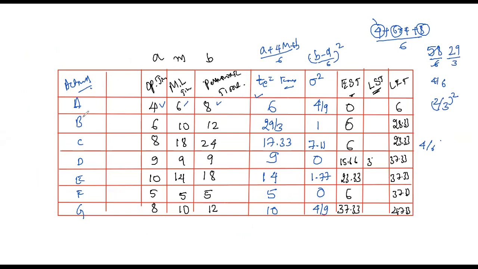So what is the duration of the activity? We know the durations, we calculated them. So I'll write here only. The duration 6 is here, okay? The duration is 6. So in the LFT, if you subtract the duration, you will get the LST. 6 minus 6, you will get 0.